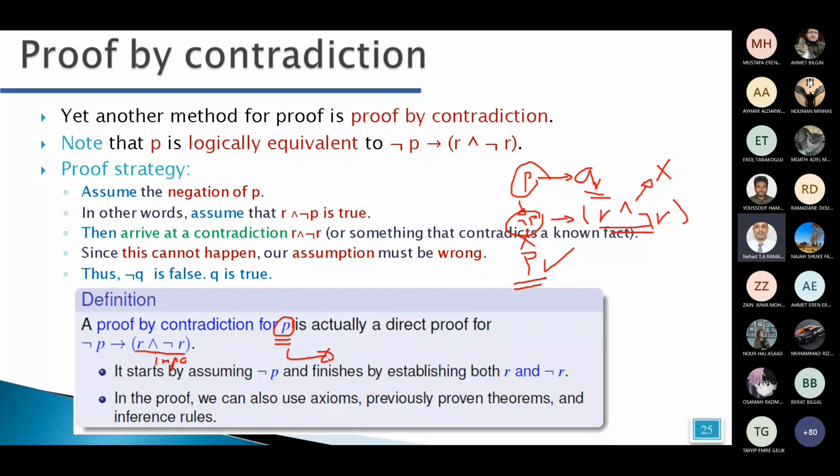If we start from not P and reach something impossible, this means not P is not correct, and in this case, P is correct. That's what we need to prove, that P is correct. So this is the meaning of R and not R. R and not R is impossible to be true.